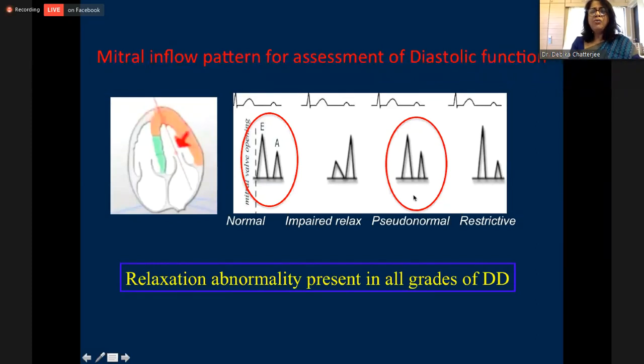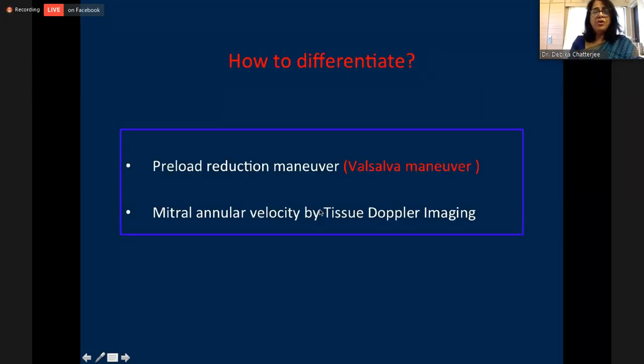Now, how do we differentiate pseudonormal from normal? We have two methods. One is the preload reduction method, which is the Valsalva maneuver, and also by utilizing the tissue Doppler velocity and measuring it in the mitral annulus, we can differentiate.